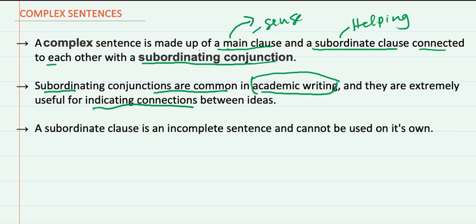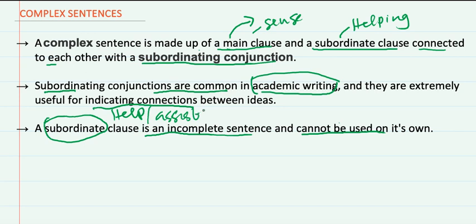A subordinate clause is an incomplete sentence which cannot be used on its own. So as we have explained, the word subordinate means help, assist. So it is assisting the main clause to make the meaning clear.